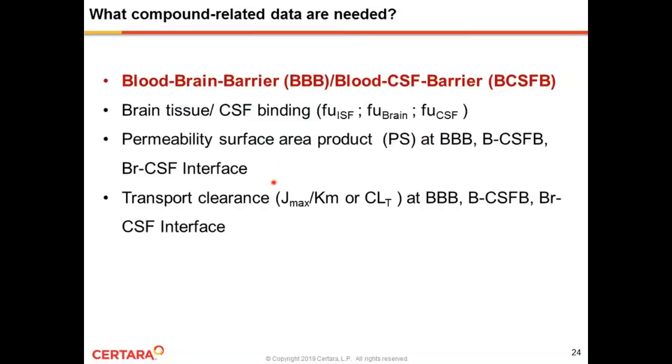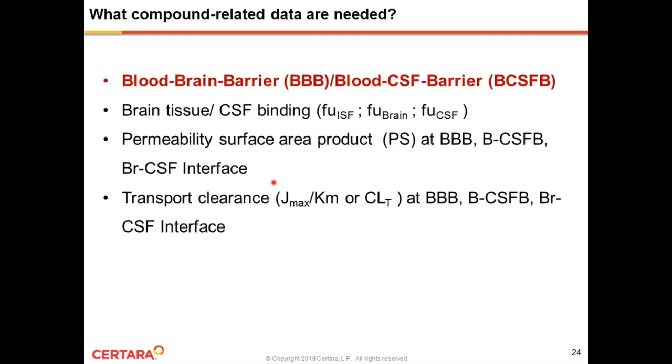Now, when you're looking at modeling the kinetics of a drug in the brain using the brain model, it is important to know what kind of drug data is needed. When you're looking at these different compartments, the first thing that should come to your mind is the binding of the drug to the different brain constituents, such as the brain tissue, or binding of the drug to the cerebrospinal fluid.